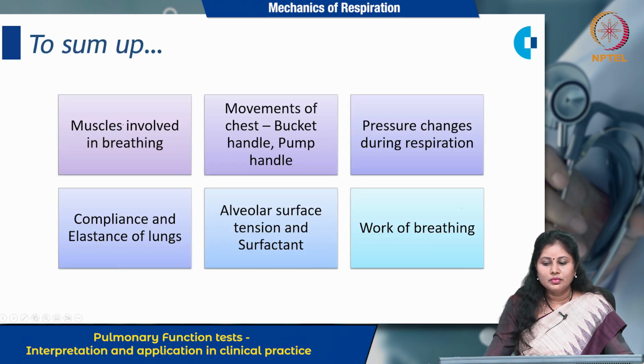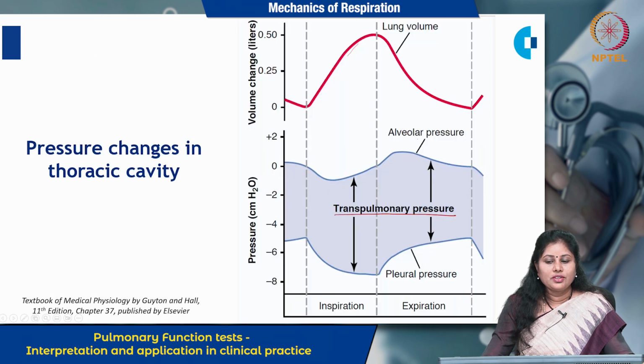Okay? And the pressure changes we saw: the intrapleural pressure, which was negative, became more negative during inspiration and less negative during expiration. Similarly, the alveolar pressure, which was 0 before inspiration, became -1, that is negative, and became +1 during expiration. Okay?